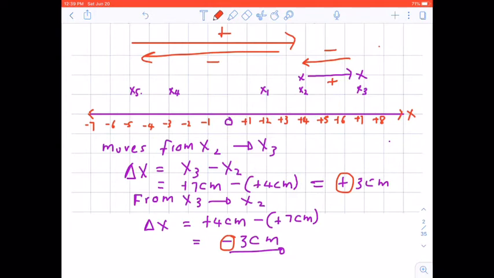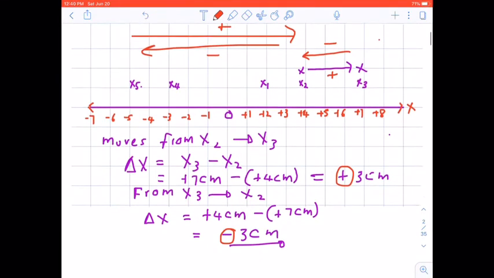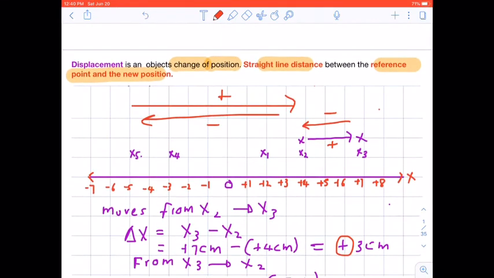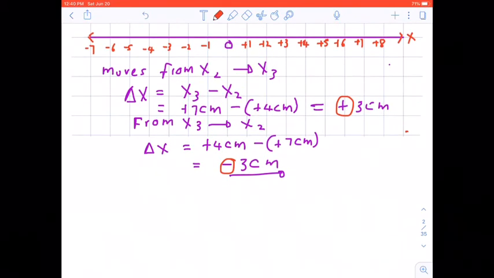That means the displacement has a direction, right? If it goes from x2 to x3 and then back to x2, the displacement is 0. It hasn't been displaced.